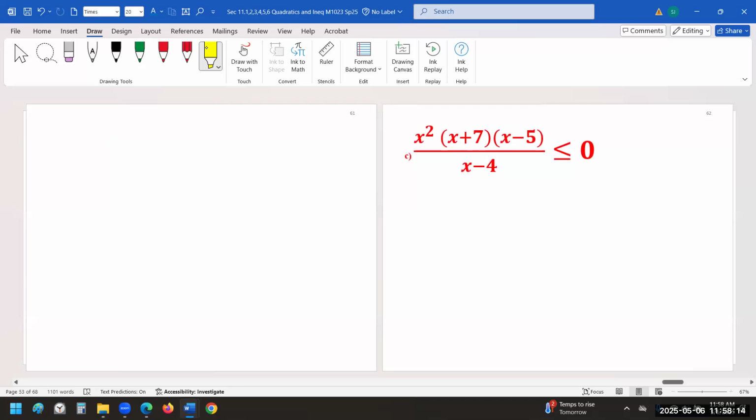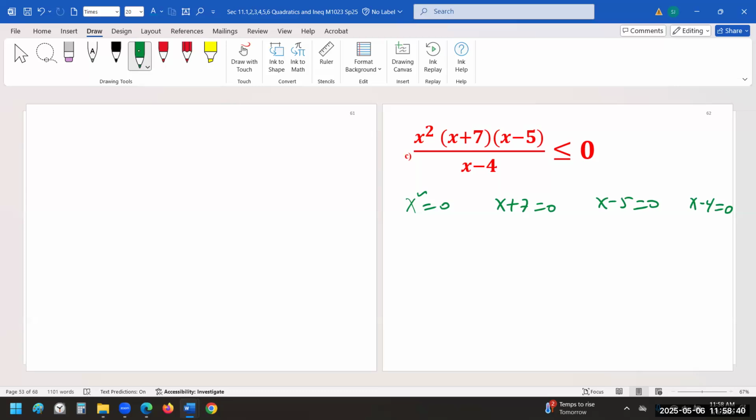But this question is already factored, so let me show you this real quick. We take everything from the numerator, set them equal 0, everything from the denominator, set them equal 0. We want to see which x values we need in the number line. So we have x squared 0, x plus 7 0, x minus 5 0, x minus 4 0.